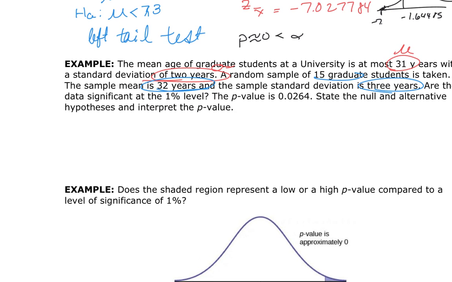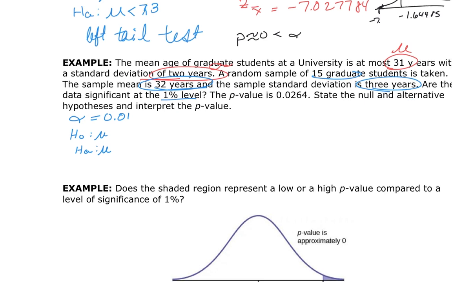And we now have a significance of 1%. So in other words, my alpha here is 0.01. So I have to decide what I have for the Ho and the Ha. The Ho is this, the Ha is this, and the symbol is mu, because I'm talking about means.